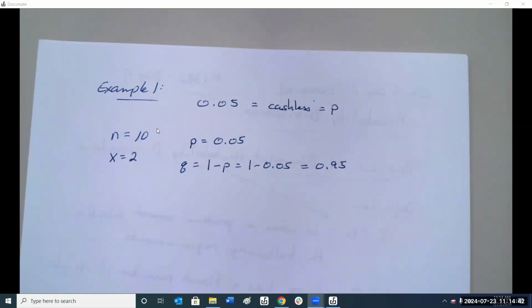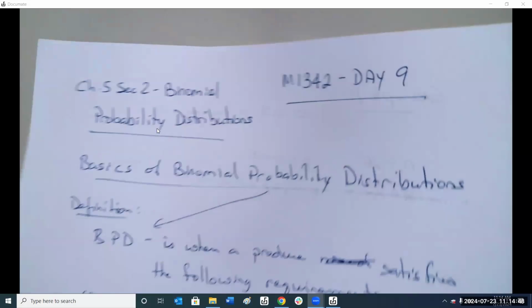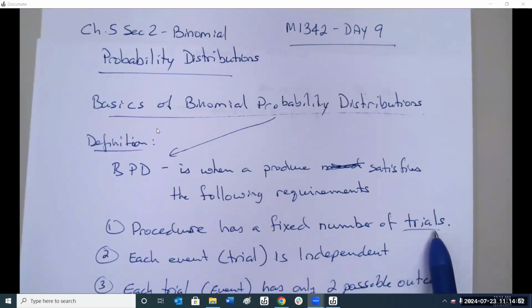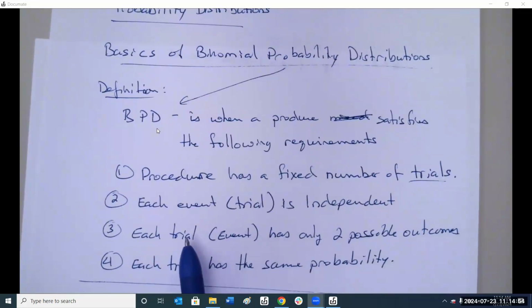So is this a binomial distribution? Remember, it has 4 conditions. Is there a fixed number of trials? 10. Are the events independent? Yes. Are there only 2 possible outcomes? The person either has money or no money. Is each trial the same probability?